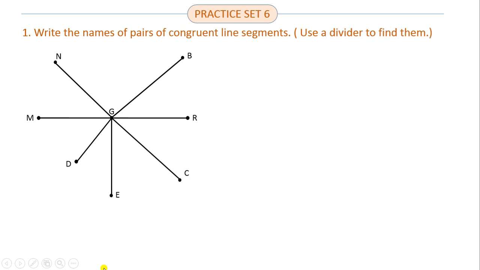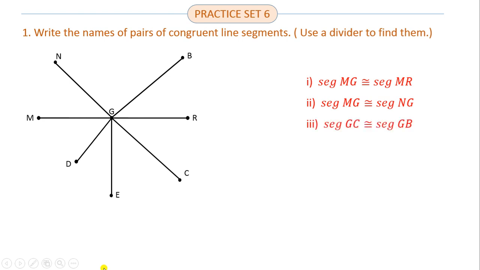Using the divider, we can identify the segments with equal lengths, like segment MG congruent to segment MR, segment MG congruent to segment NG, segment GC congruent to segment GB, and segment GE congruent to segment GR. Like this, we can write more pairs of congruent segments.